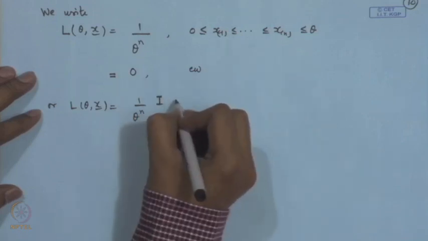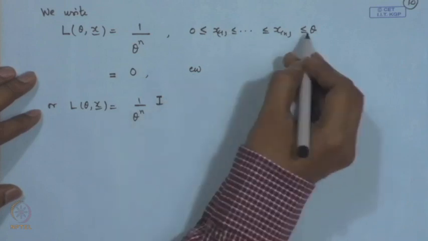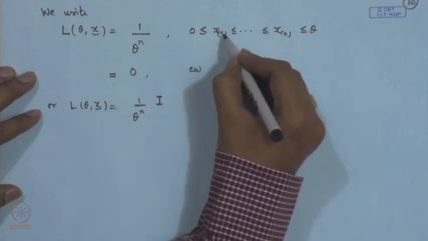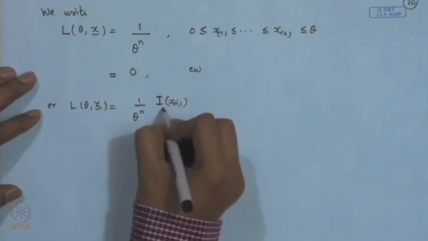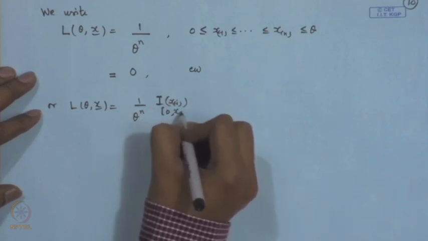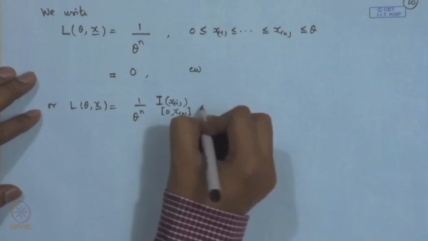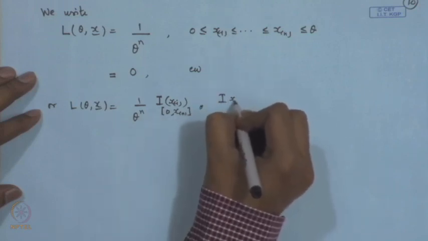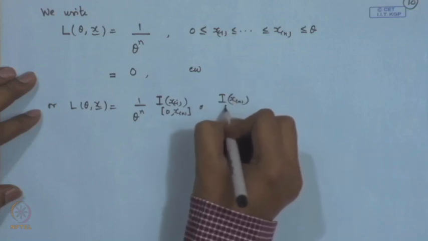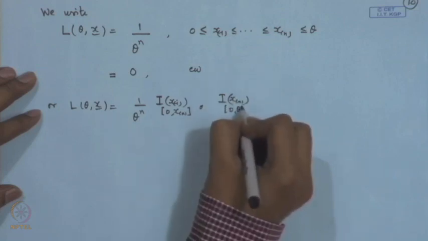Here we can say that all the x i's are from 0 to x n, and multiplied by the indicator that x n itself lies between 0 and theta.